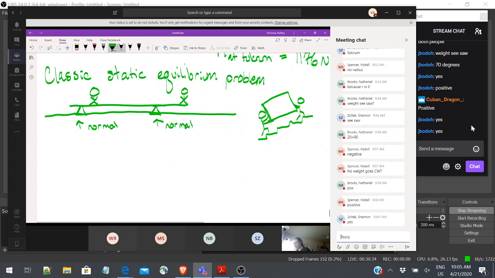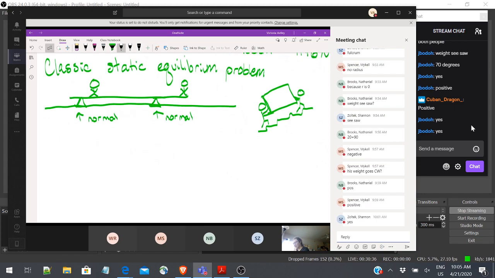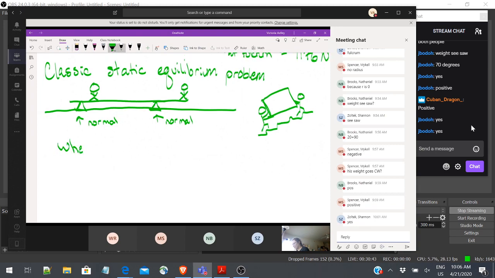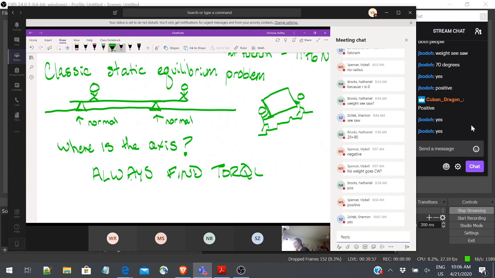So one important thing about both of these: where's the axis? You're always finding torque about a specific axis, and it has to be the same axis for all of our torques.